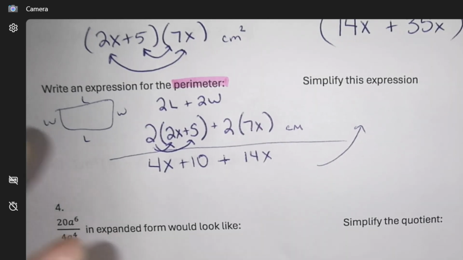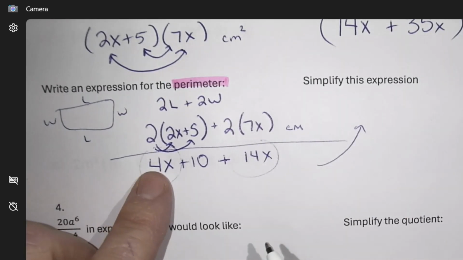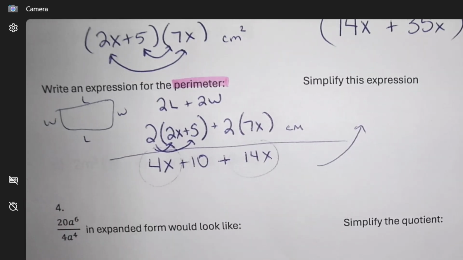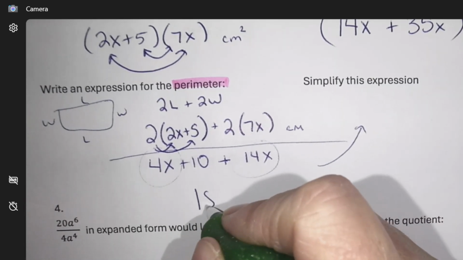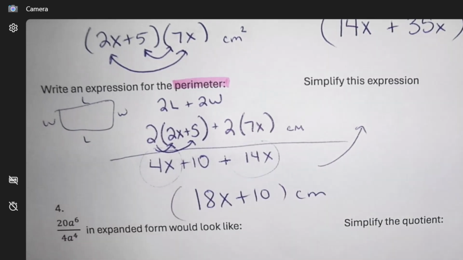So this is part of the simplifying, but you can go more now. Why can I go more? These x's look like those x's, so I can put them together. 18x plus 10 centimeters of perimeter.